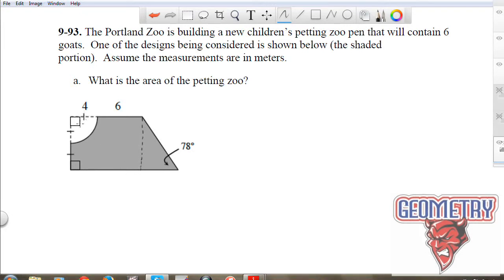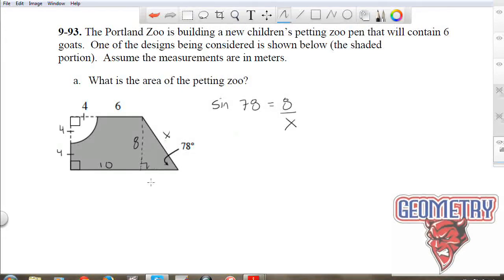So let's see, this is 4, we have tick marks there, so that's 4, that's also 4. So if that whole length is 8, it means that length is 8. Okay, we have the 6 there plus the 4 there, which means this part is 10. And then I can use the 78-degree angle to say the sine of 78 equals 8 over x.